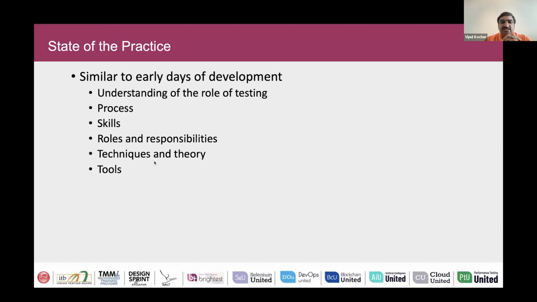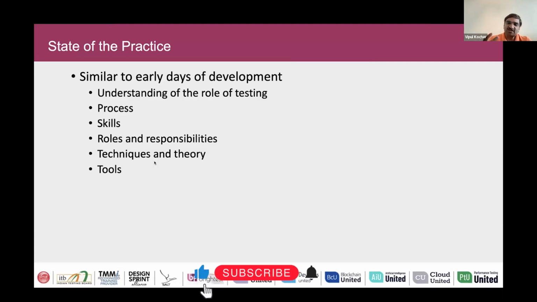Then I moved into testing, the last 26, 27 years in testing. And what I saw back then, right from 95 to 2002, is that people didn't understand the role of testing. After 2000, Y2K, people started looking more into the role of independent testing and it became popular. We are undergoing a similar phase for machine learning models. People are slowly coming to understand the need for testing the models using independent testing.